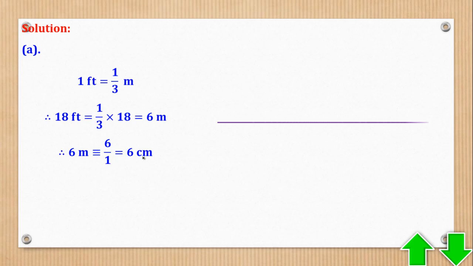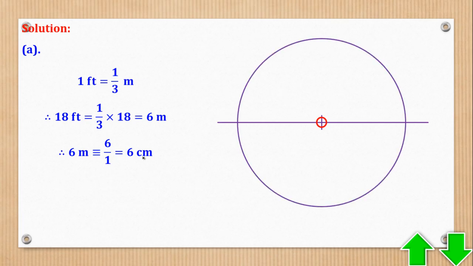So to draw a regular hexagon, you shall first draw a horizontal line and put a mark at any point, then put the compass there and draw a circle of radius 6 centimeters.